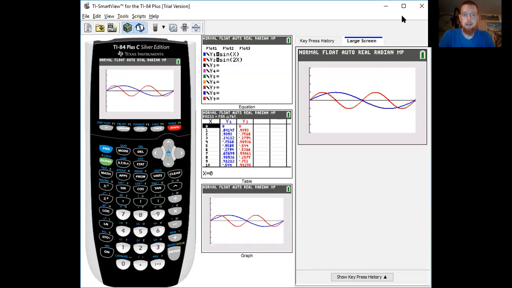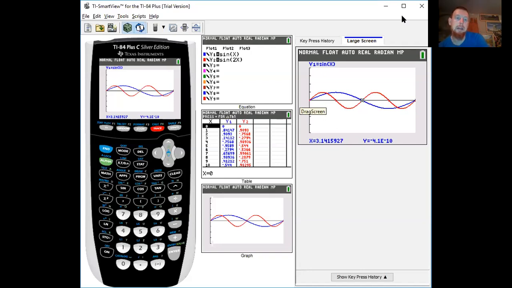Originally, for the blue graph, our period was 2 pi. Let's see what these values are. So right there is telling me that I get back to where I started at 3.1415927. Hey, that looks pretty familiar. That's pi. We're close to it, right?